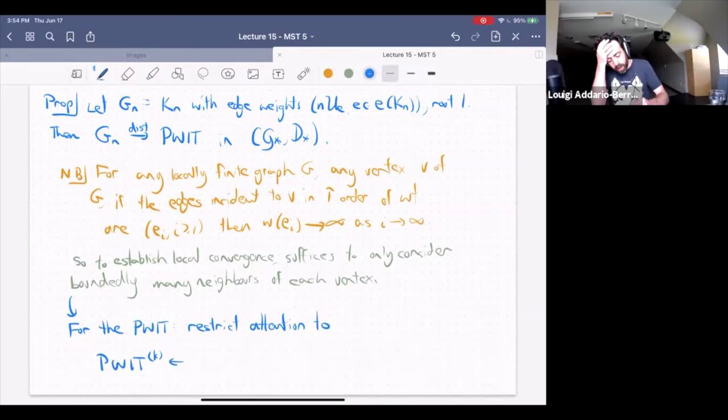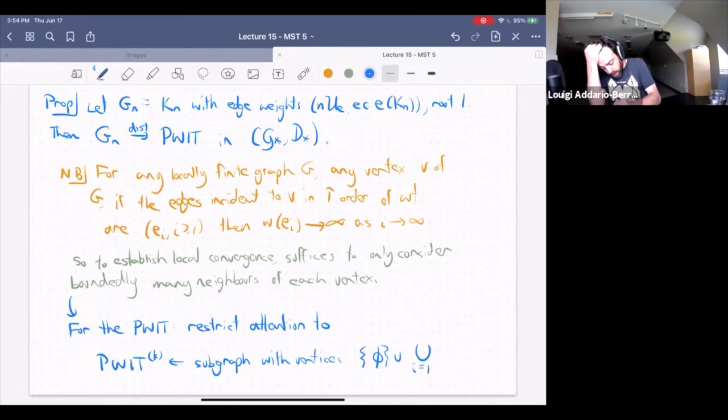This will be the subgraph with vertices, so the root and then the first k generations, but only looking at the first k neighbors in each generation. If k is 3, then we go to the first 3 children, and then each of their first 3 children, and this would be our PWIT^3, right?